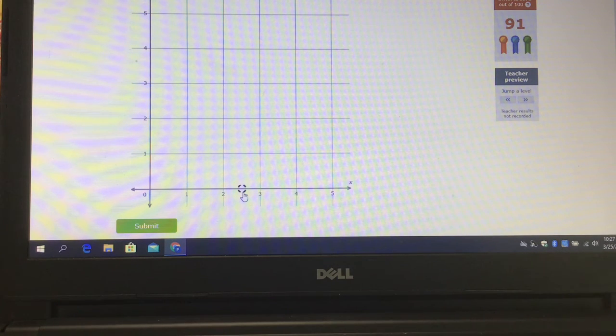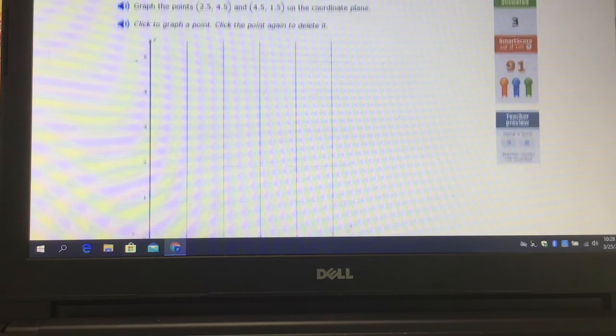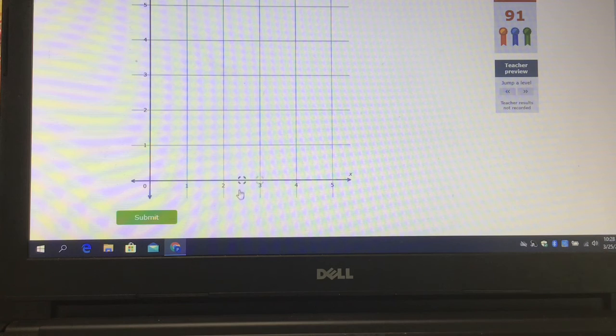There's our X, and then our Y was 4.5. So we're going to go 2.5 here, and then 1, 2, 3, 4, and half of another one, and plot the point right there. Okay, so that was just a review of how to plot those decimal points that are in between the lines rather than on the lines. Let's go ahead and jump up a level and see what's next.